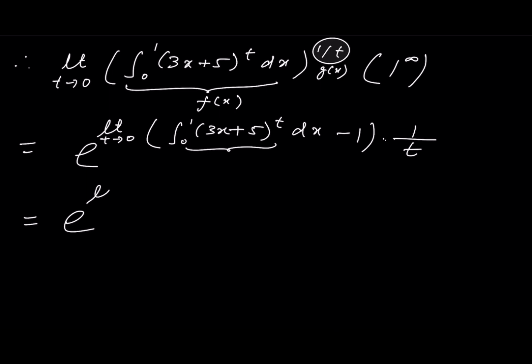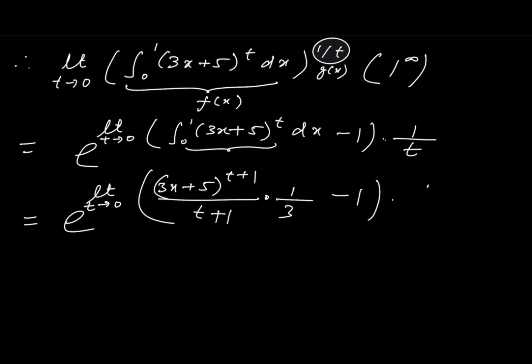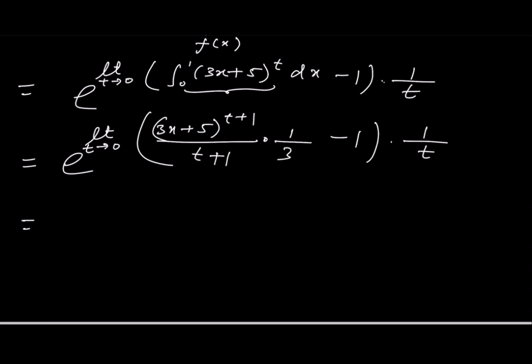So it is limit t tends to 0 of (3x plus 5) to the power t plus 1 upon t plus 1, into 1 by 3, because we divide by the coefficient of x, minus 1, into 1 by t. This is e to the power limit t tends to 0, by taking LCM, within the limit 0 to 1.